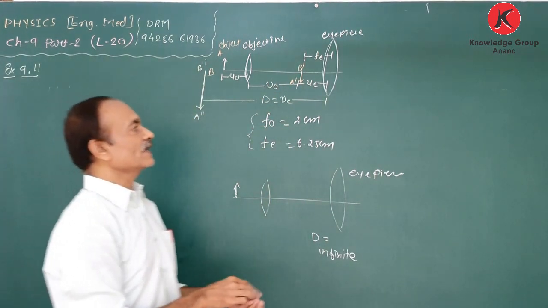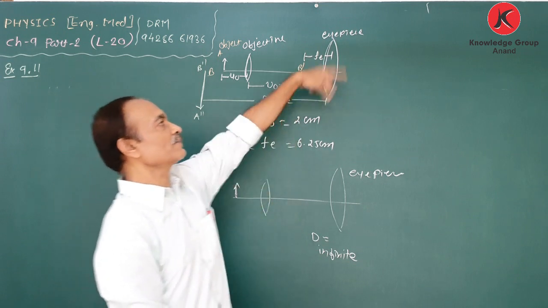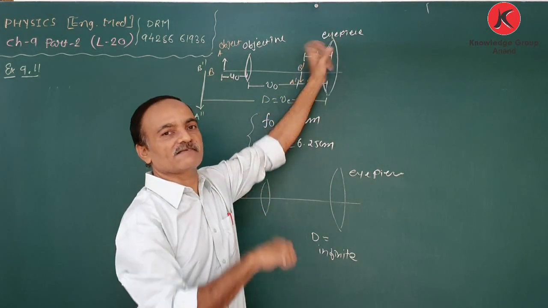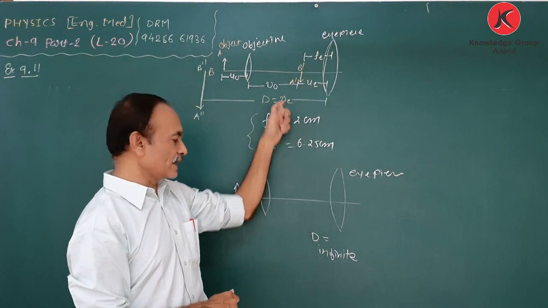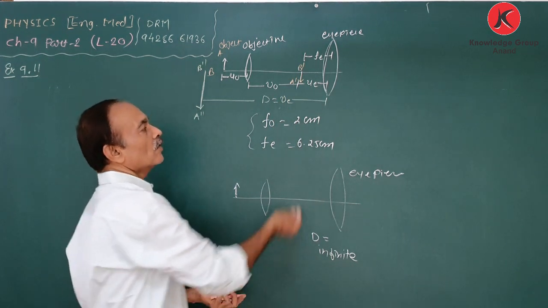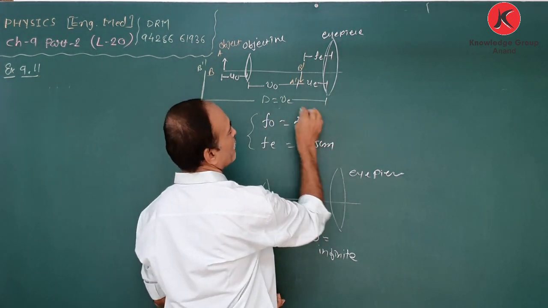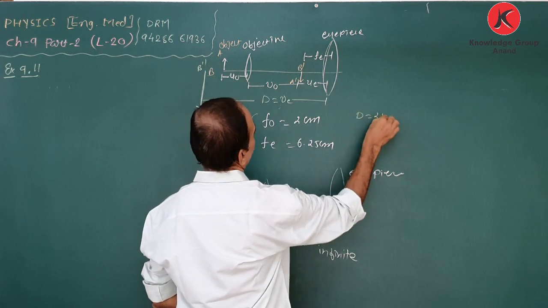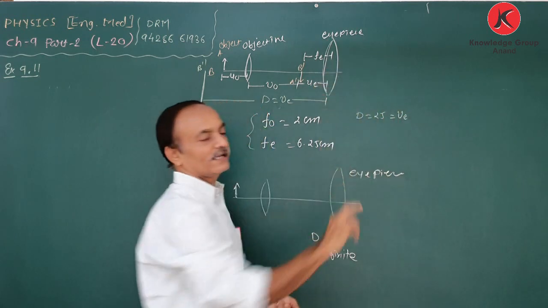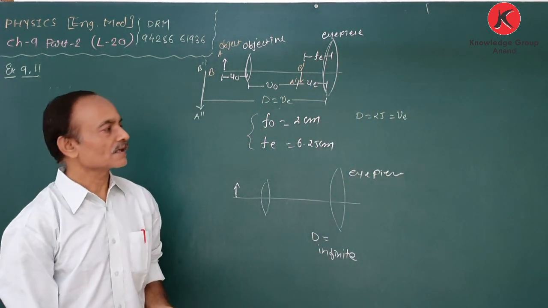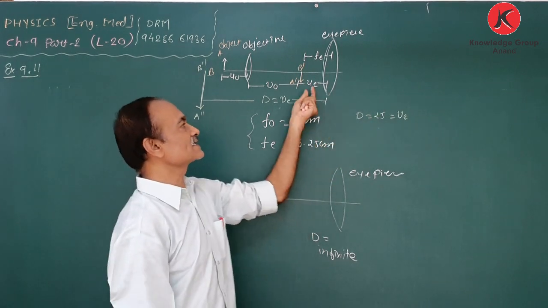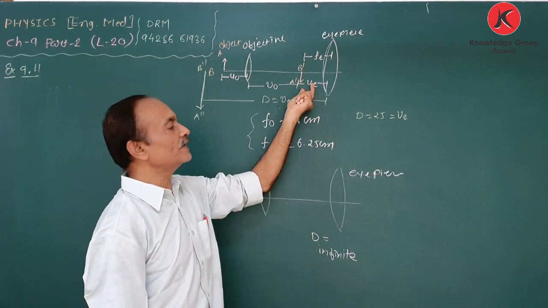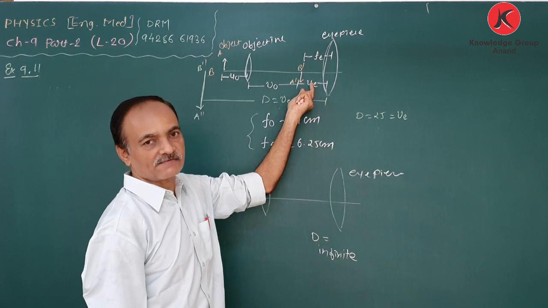So we have to calculate this numerical first for the eyepiece. We are using the lens equation. Here V is known because we want to obtain the first image at the near point distance. That means V is equal to 25. That is our image distance. For this image distance, we first find out UE by using the lens equation.